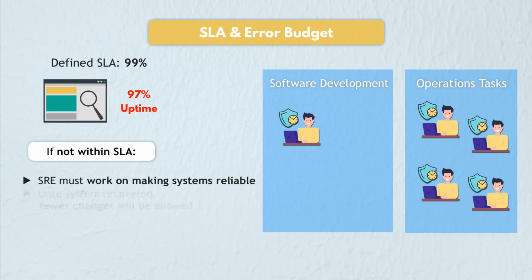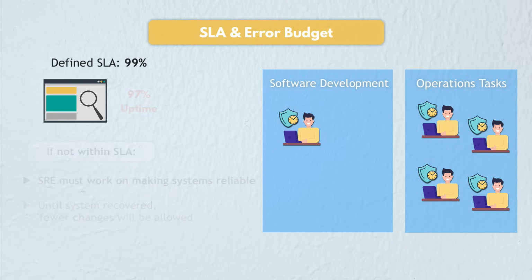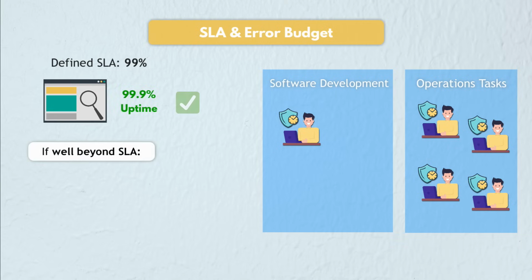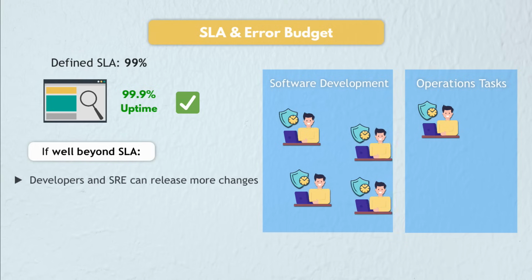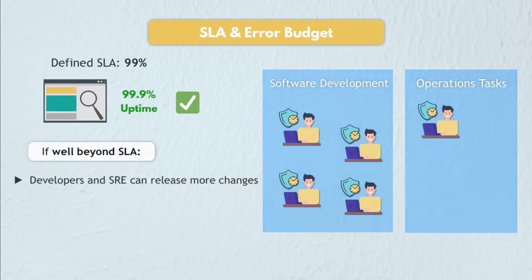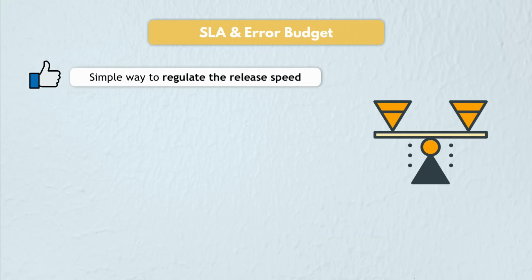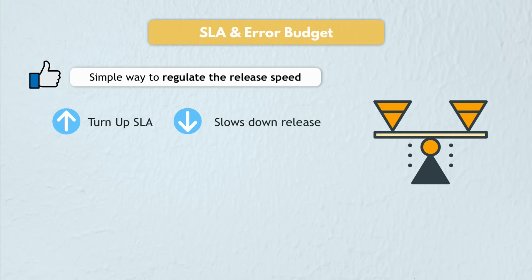And until the system is recovered to be within the defined SLA, fewer changes will be allowed. On the other hand, if the system is performing well beyond the defined SLA, developers in the SRE team can release more changes. So it's a simple way to regulate the release speed of developers. If we turn up the SLA, releases will slow down and vice versa.